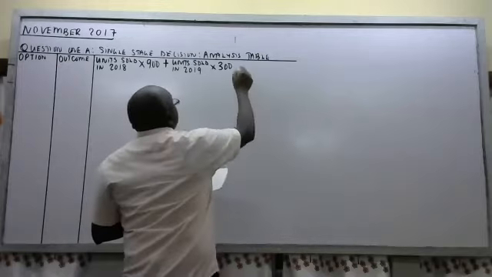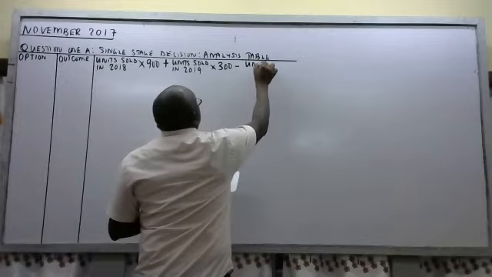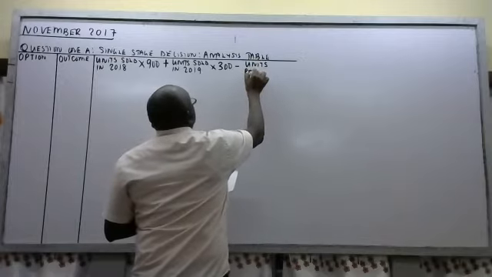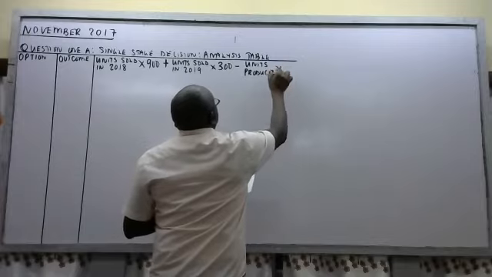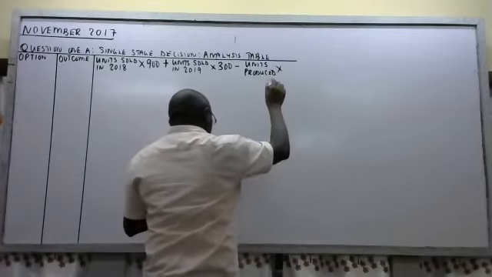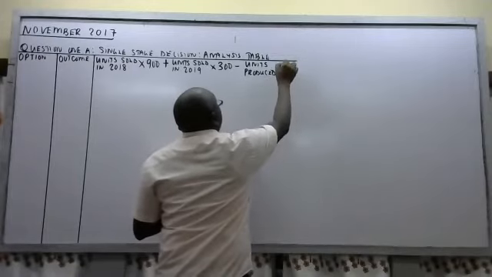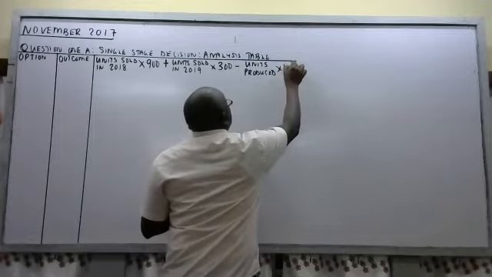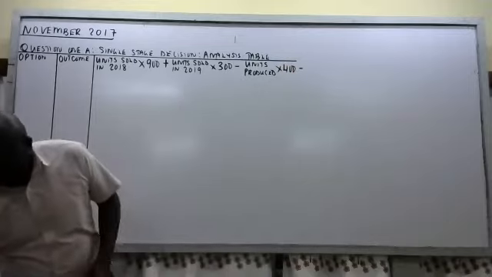Then we minus units produced, multiplied by the production cost, which according to information 3 is 400.